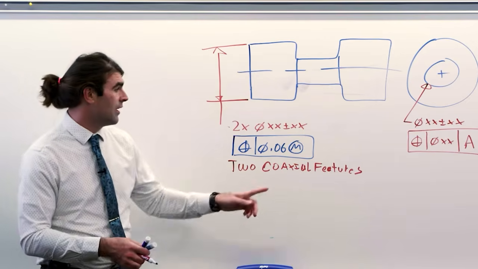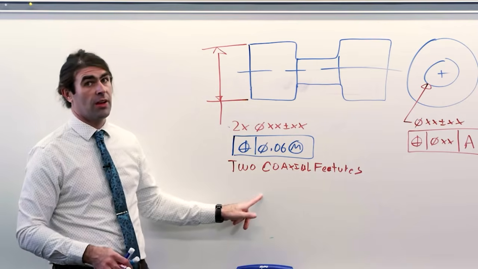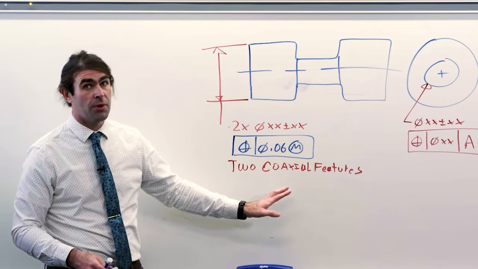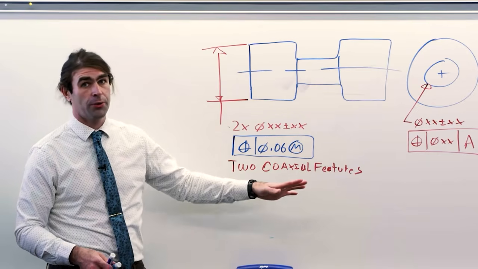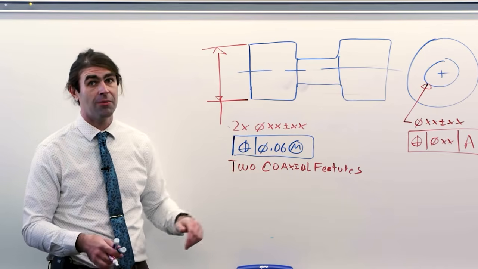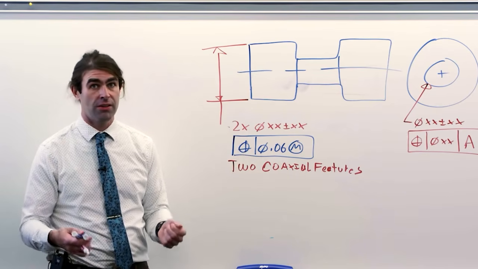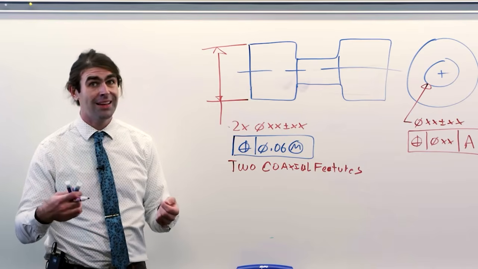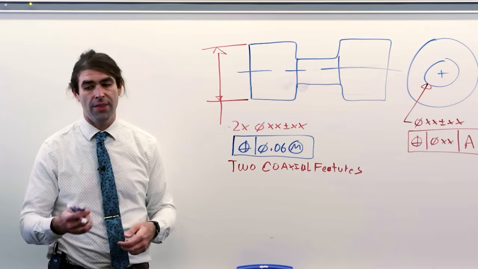For example, this is what it says in the ASME standard, 2 coaxial features. I wouldn't mess around and write, 2 coaxial cylinders, right? Because whoever sees this has probably seen it for the first time. You're going to open the ASME standard, and it's not going to be the same thing. So you could introduce room for error in that way.